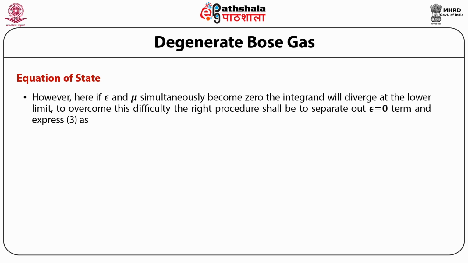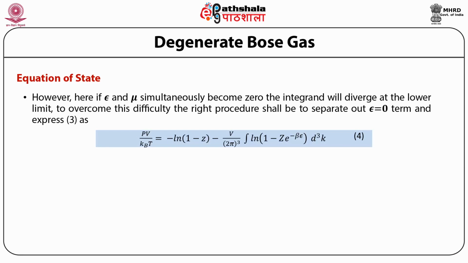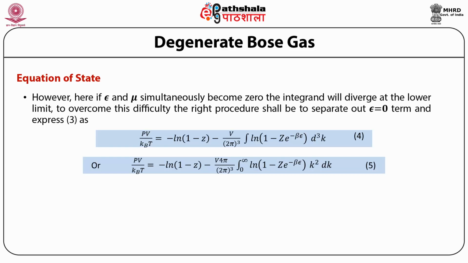To overcome this difficulty, the right procedure is to separate out the epsilon equal to 0 term and express equation 3 as PV upon kBT is equal to minus log of 1 minus z minus V upon (2 pi) whole cube integral of log of 1 minus z e raised to power minus beta epsilon d cube k, or PV upon kBT is equal to minus log of 1 minus z minus 4 pi V upon (2 pi) whole cube integral from 0 to infinity of log of 1 minus z e raised to power minus beta epsilon, k square dk.